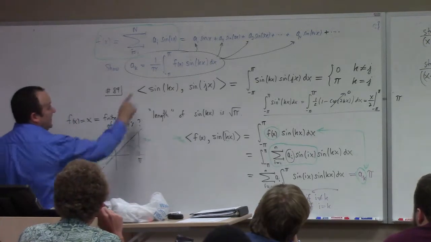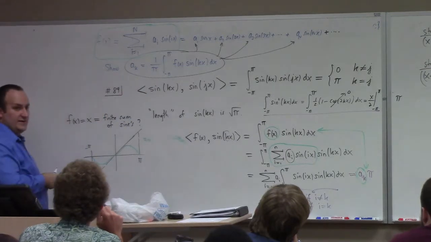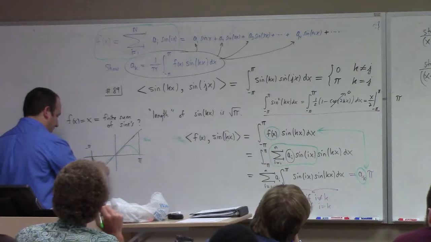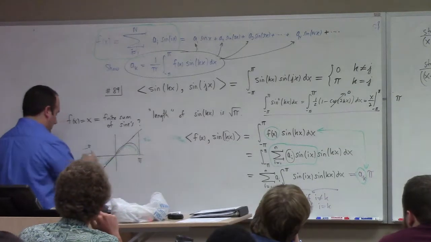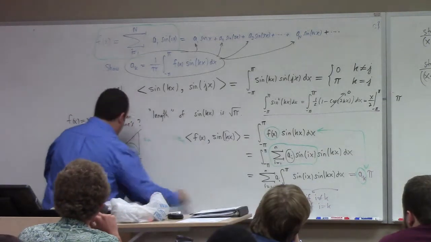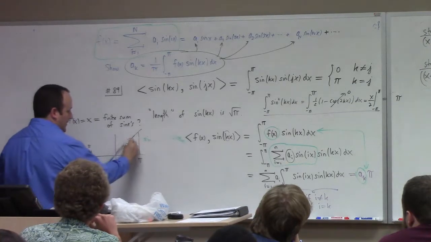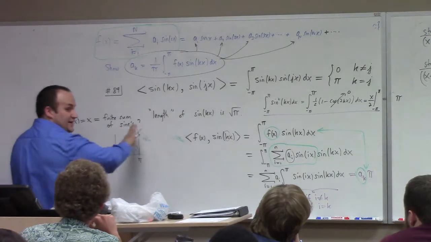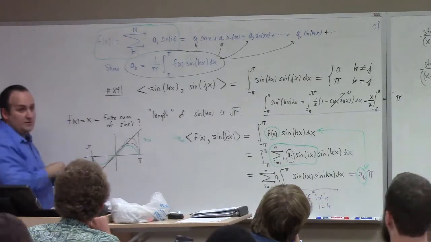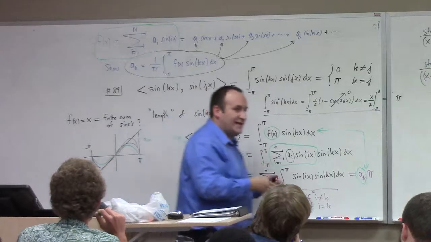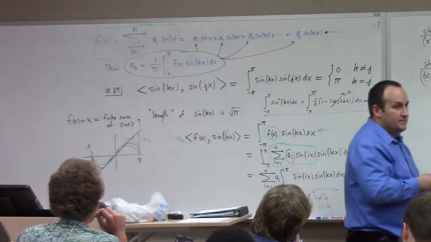But then when you add in the sine of 2x, it gets a little bit better. And when you add in the sine of 3x term, it gets a little bit better still. I'm not doing it justice, but as you go on and on and on, it gets closer and closer to mimicking x by adding together sines.